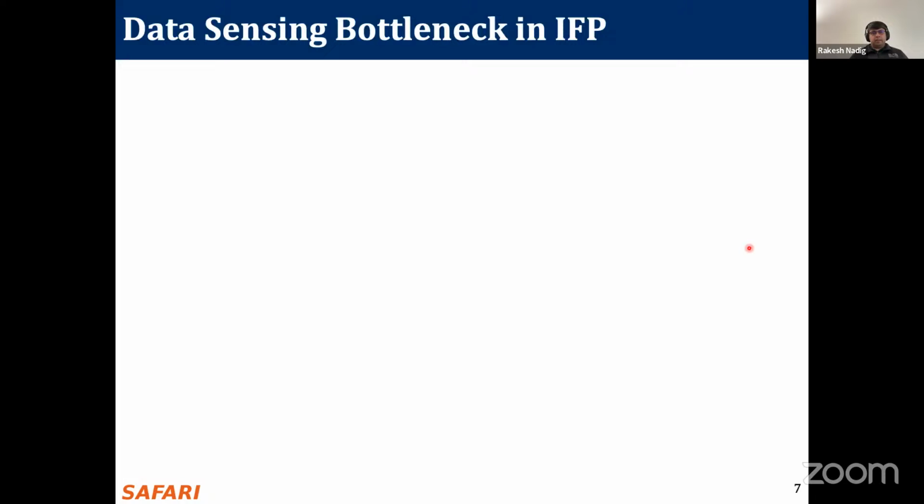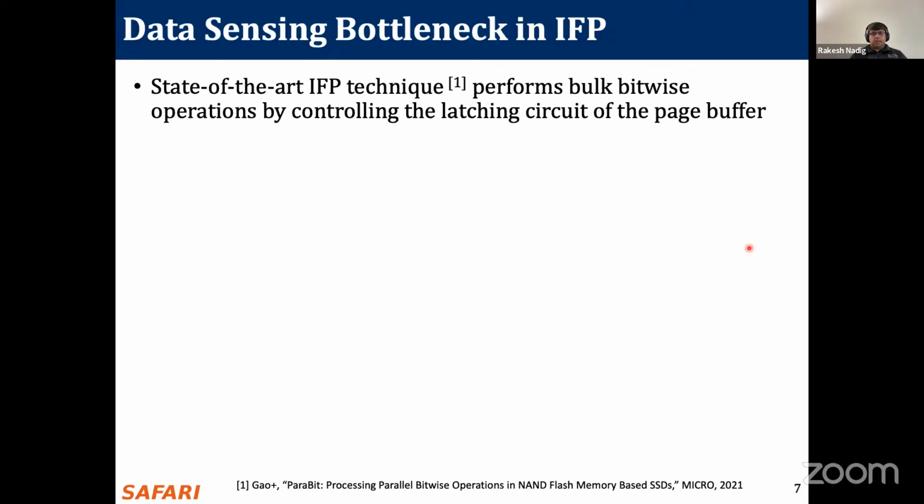Now, we look at the data sensing bottleneck in IFP in a bit more detail. The state-of-the-art IFP technique performs bulk bitwise operations by controlling the latching circuit of the page buffer.